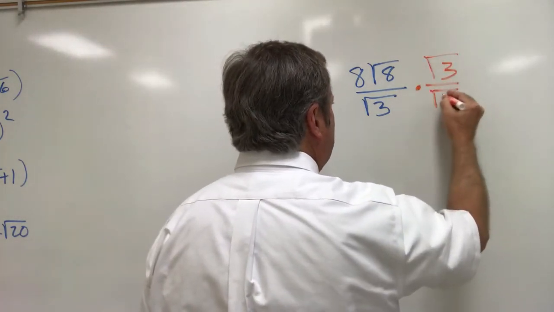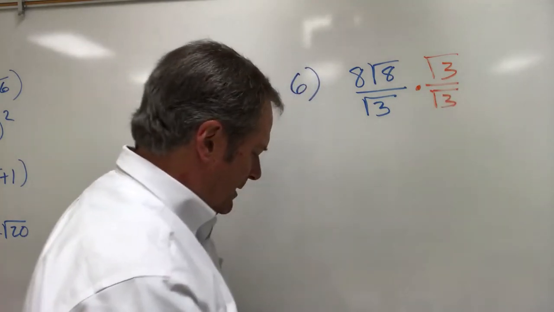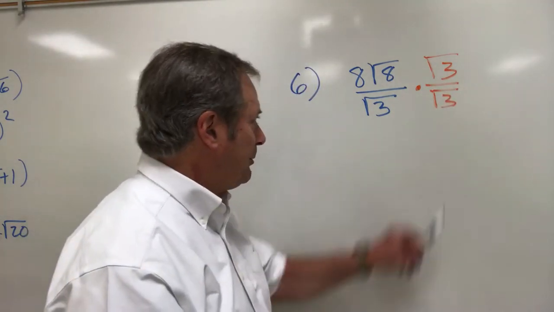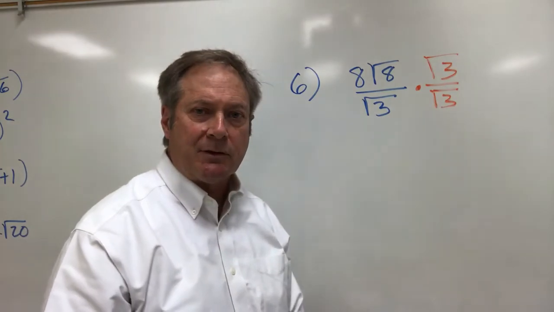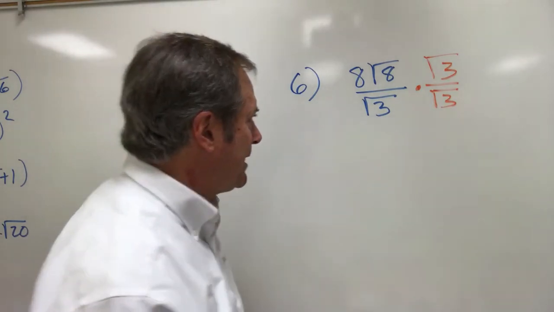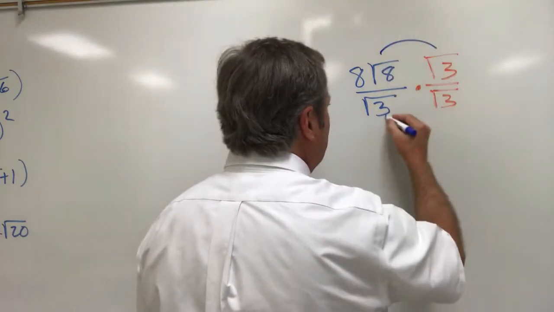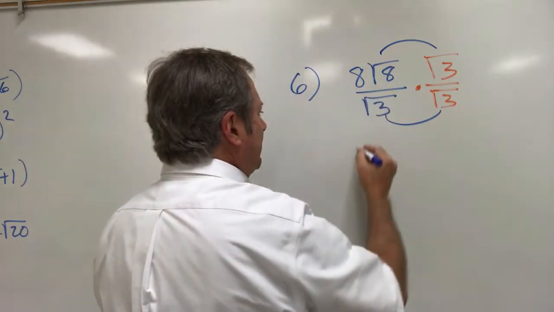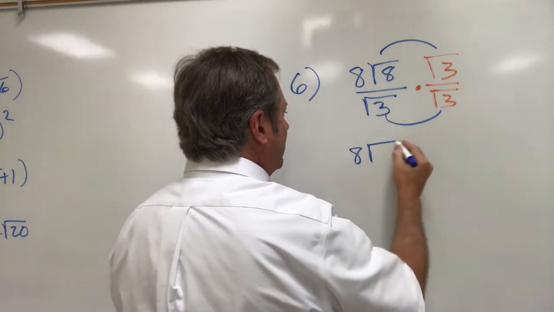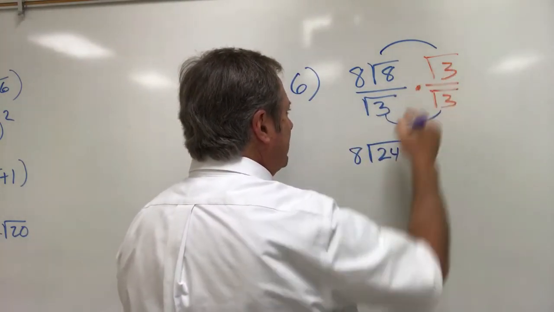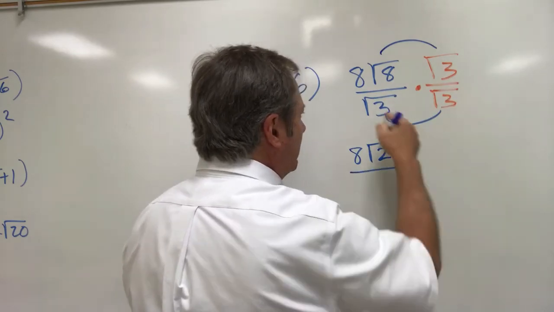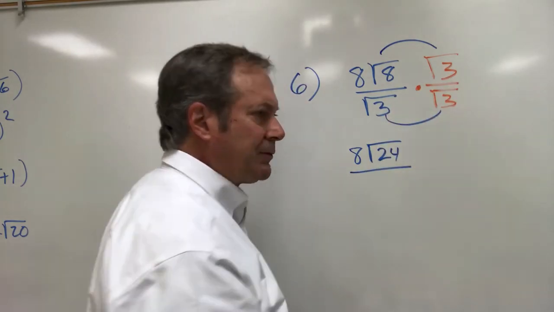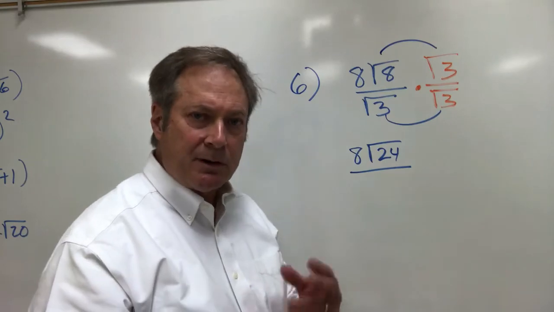Whatever that radical is we multiply that fraction by it over itself, because that's essentially the number 1 and it doesn't change the value. Then let's go multiply side by side. So we have 8 times the square root of 24, 8 times 3, over square root of 3 times the square root of 3 is the square root of 9, which is the number 3.